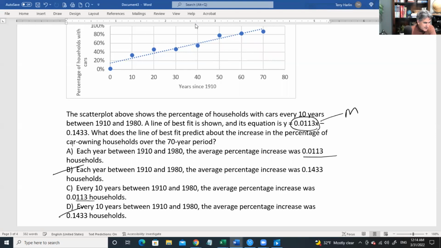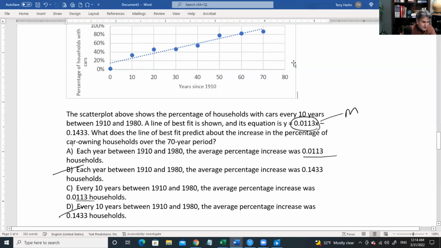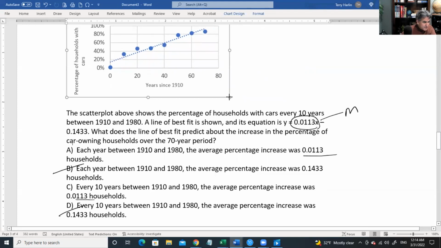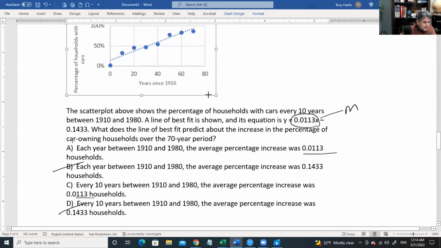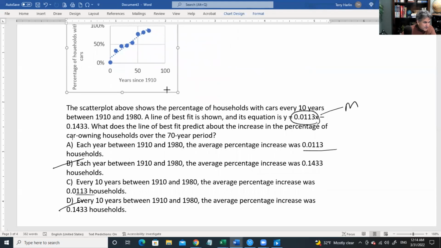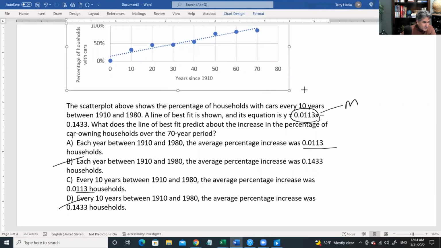Now, it doesn't matter what increments are used on our chart here. This could be done over a period of, let's say, 10 years. It could be done over a period of 20 years. I could make this smaller, over 20 years, over 50 years, whatever I want to do.